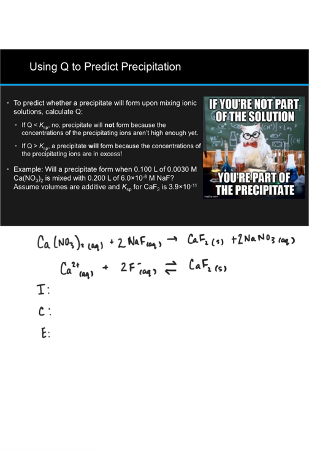Once again, we can set up an ice table. In this ice table, we'll need the initial concentration of calcium ions after we've mixed this solution together. So, what we've effectively done is diluted calcium.